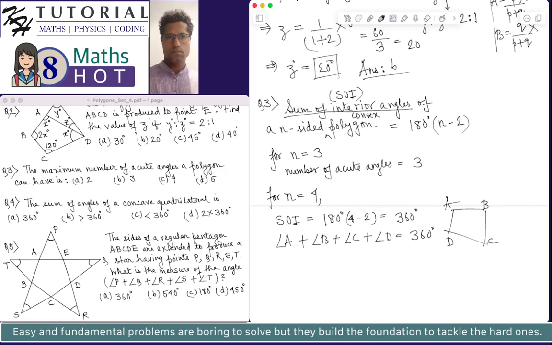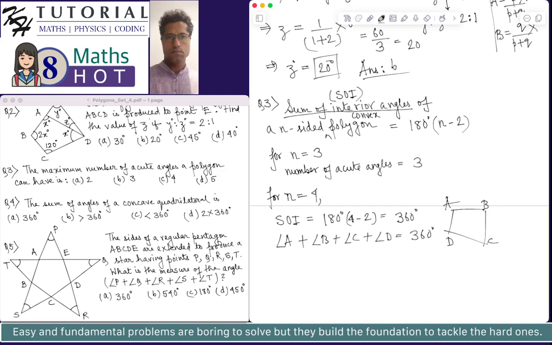Now we have to look for whether we can find any other polygon where the number of acute angles can be more than 3. So I am trying for a quadrilateral, that is n equals 4. I need to see whether all these 4 angles A, B, C, D can be acute.